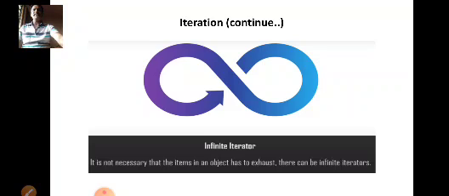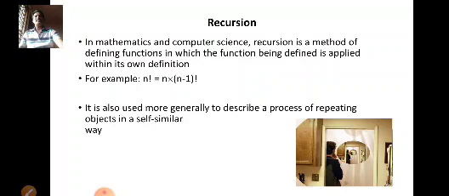It is not necessary that the items in an object have to be exhausted. There can be infinite iterators, meaning the condition never terminates. Such type of execution is an infinite iterator. Okay, so that is the completion of iterations or looping.